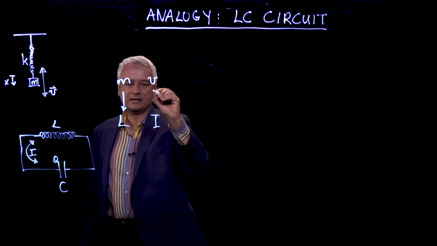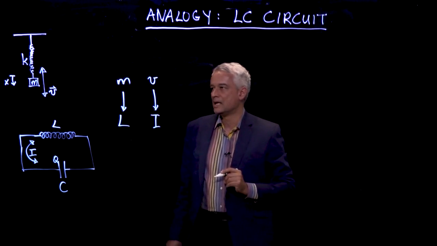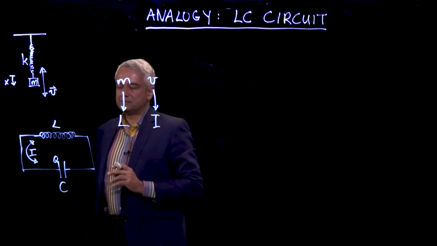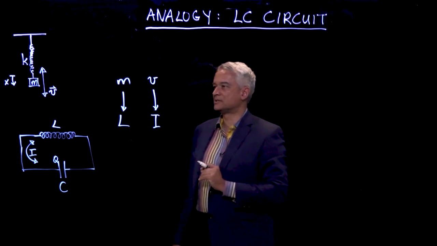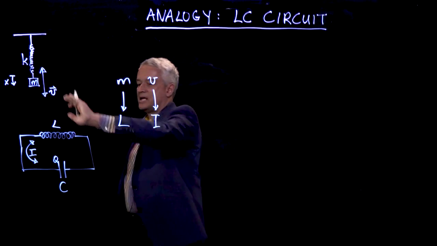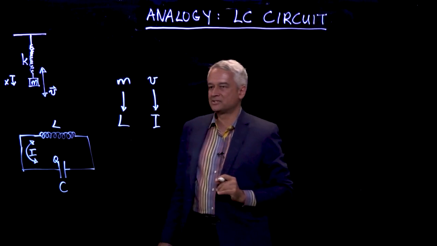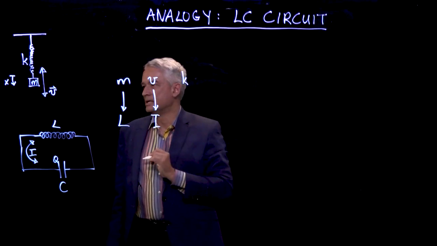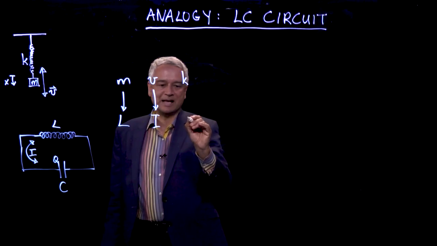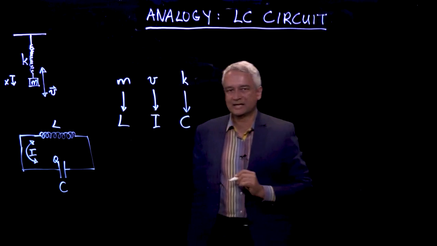We'll see that we need to adjust this very slightly in just a second. Potential energy was analogous to electric energy stored in the capacitor. Potential energy of the spring is analogous to electric energy of the capacitor. That suggests that there's a relationship between the spring constant K and the capacitance C. This is actually not exactly right yet. We'll make it correct in a second.